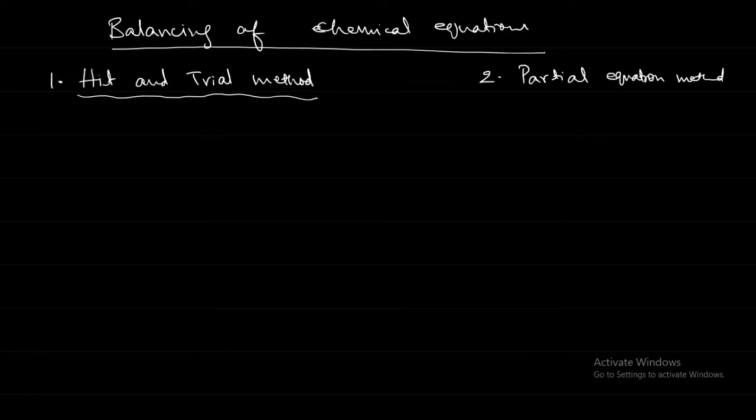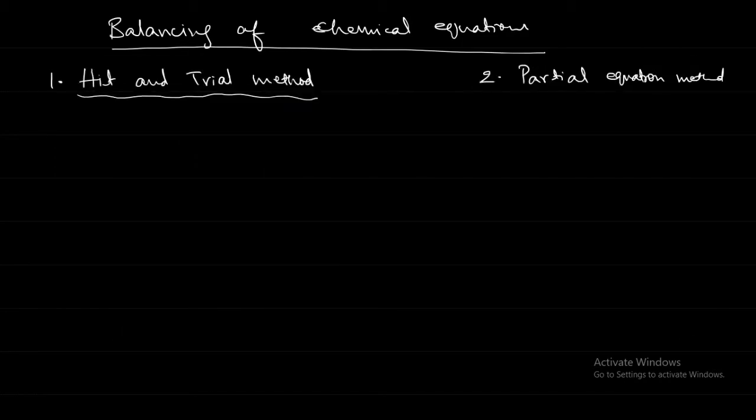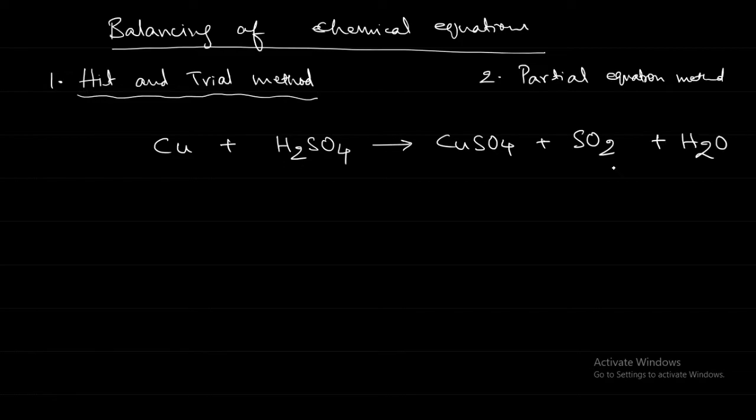So we will take one equation. Let us see first. Copper is reacting with sulfuric acid to form copper sulfate plus sulfur dioxide plus water. This is the equation. So what do we have to do first?